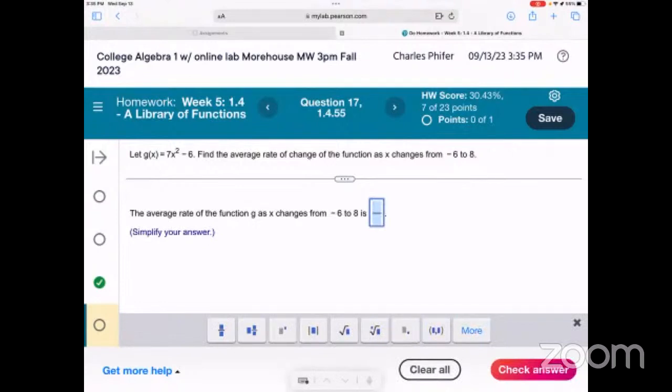Hey Google, what's 7 times 8 times 8 minus 6? 7 times 8 times 8 minus 6 is 442. Hey Siri, what's 7 times 6 times 6 minus 6? That's 246. So that's Y2 minus Y1 over 8 minus a negative 6.